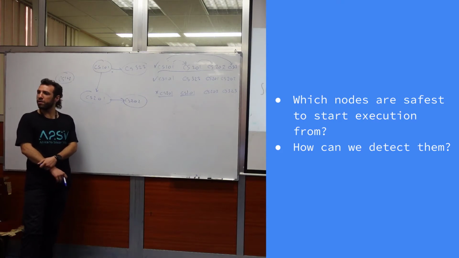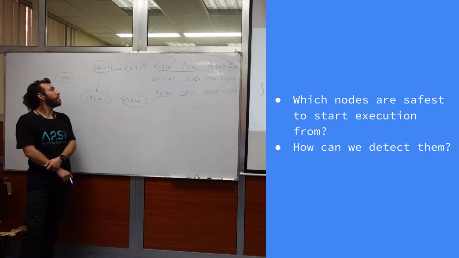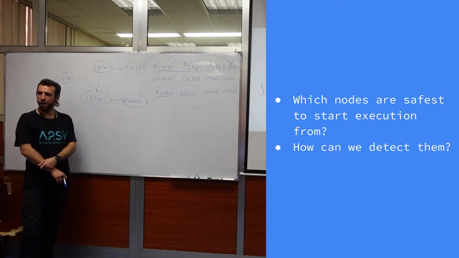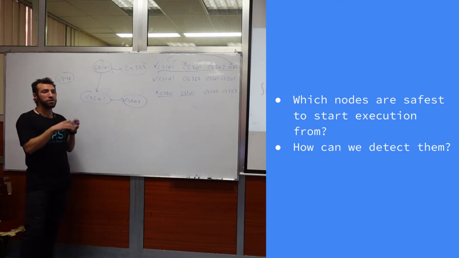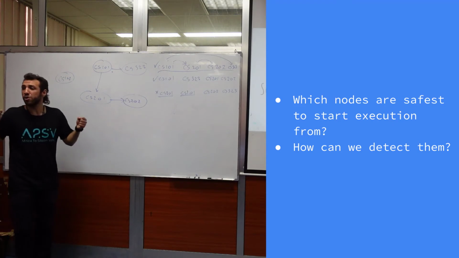And the one with the maximum level is the source node. I see your point. The one with the maximum level can be a source, but it wouldn't guarantee that we are going to find all the source nodes. So basically, that's what we are interested in right now, right? We want to find an efficient way to reach those start points quickly.